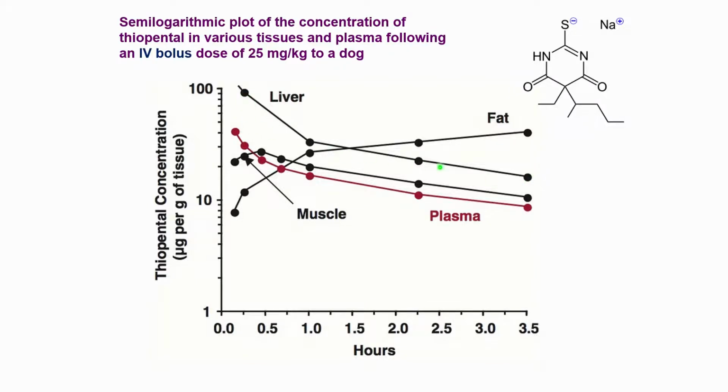In liver it will be much higher. Concentration in muscle first goes up and then will go down, and concentration in fat tissue will go up all the time, will continue increasing. Why? Because it's a sulfur containing compound, so it's slightly hydrophobic, wants to be in tissue.